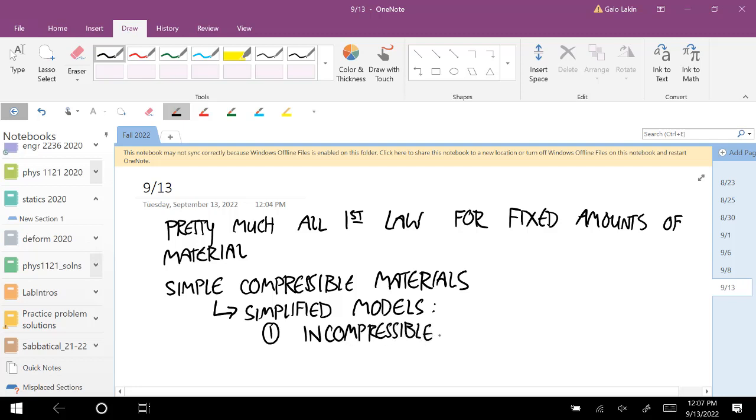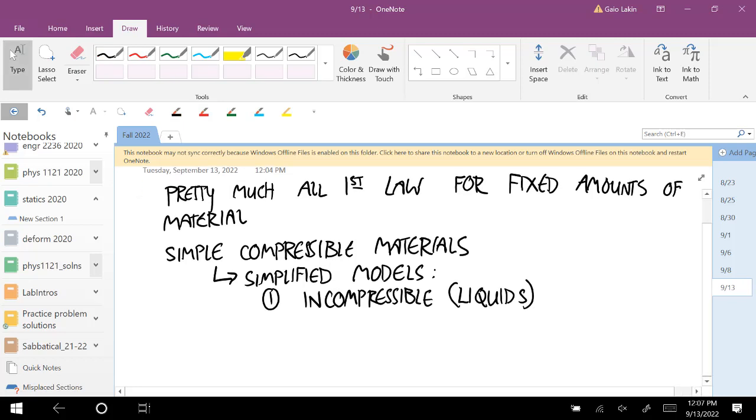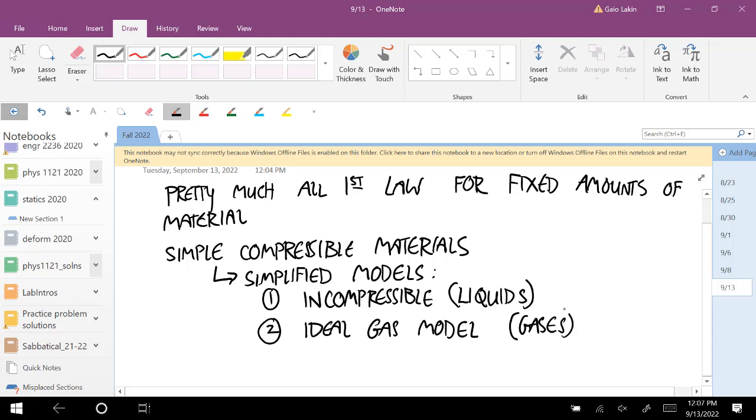That's useful for liquids, not usually useful for gases. And then second, the ideal gas model, which is useful for gases. So we're going to talk about those today.